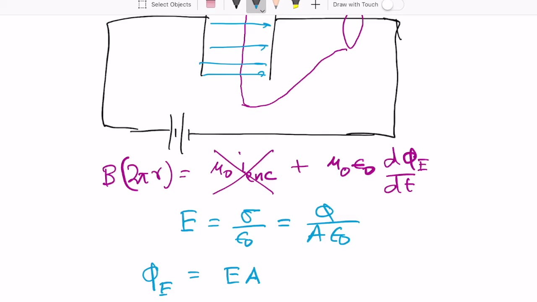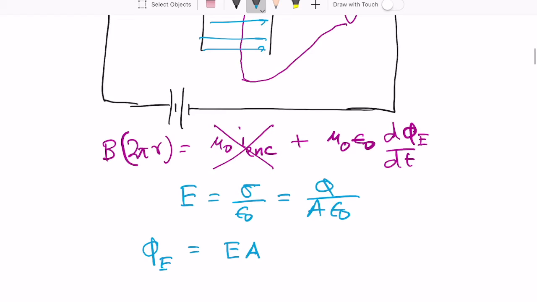So it's E times A times cosine of the angle between E and A. The normal to the area can be taken to be in the same direction as the electric field. So E dot A just becomes E times A. All right. So we can plug in what we know for E. So E times A is just Q divided by epsilon 0, right?